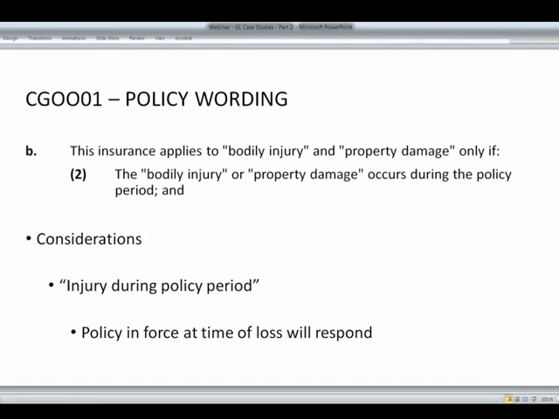It will be the policy that was in force when the work failed. Major consideration as we set up GL and concern about the exposures we're picking up when we write the risk to start with, and that is to make sure that there's not faulty work or other problems done previous to us writing the policy that might fail during our policy period.